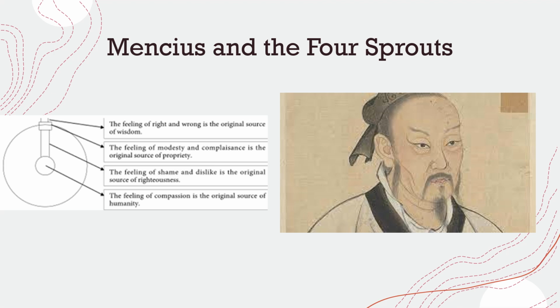And if they're not cultivated, if they're not developed, if they're put in a harsh environment where compassion is not promoted, that sprout is going to wither, weaken and perish over time. So there's an argument here that our moral intuitions have these four emotional roots. But the emotional roots themselves are not sufficient, right?